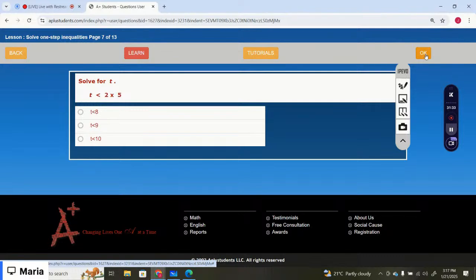Solve for t. That is t is less than 10. Option number 3 is the correct option.